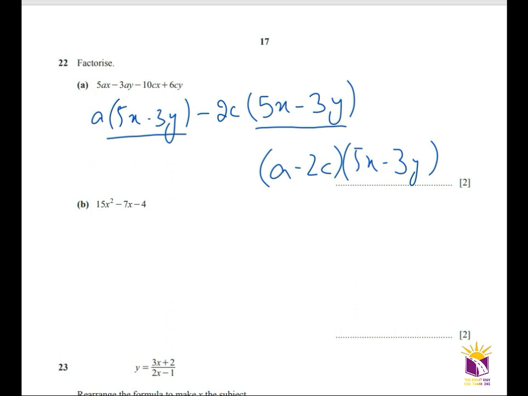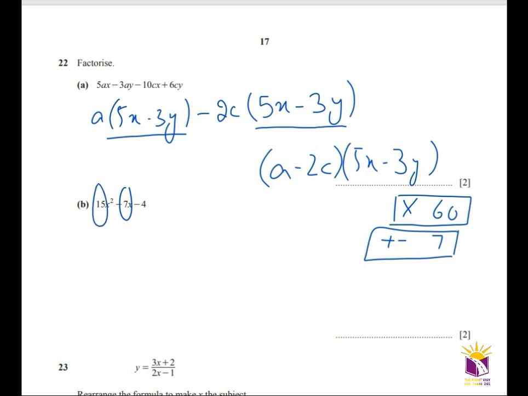Now we also have to factorize 15x squared minus 7x minus 4. Now we are going to break it using the middle term, and we know that 15 times 4 is 60. So by multiplying, we need an answer equal to 60, and with plus and minus, we need an answer of 7.